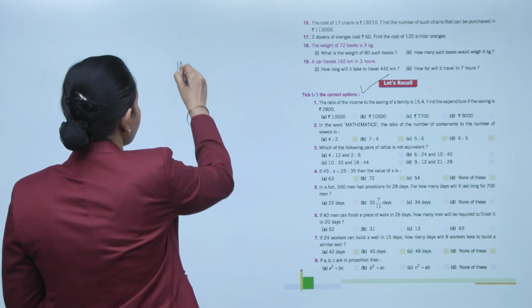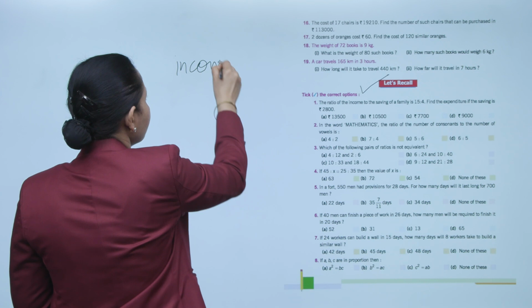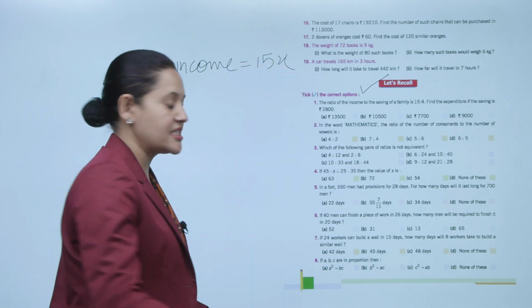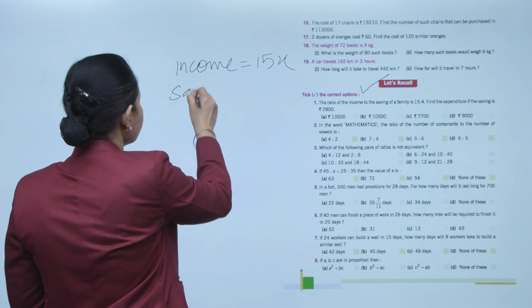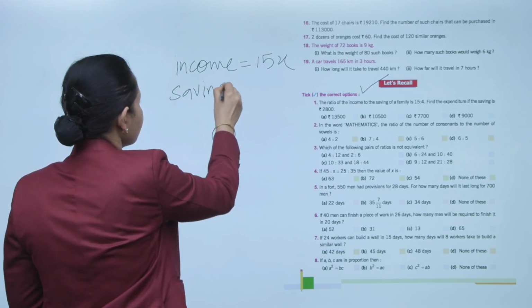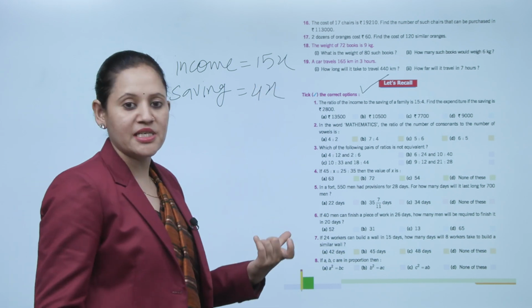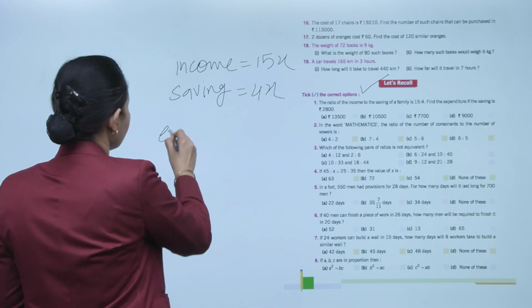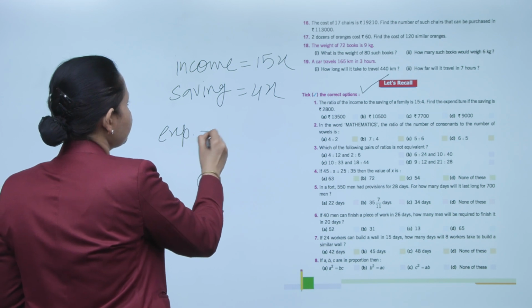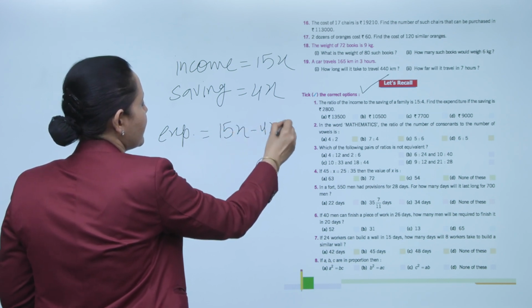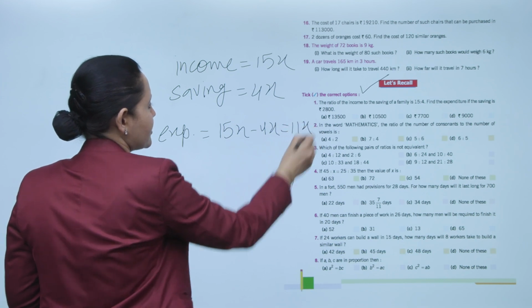Suppose income is 15x and saving is 4x. That means, how much is the expenditure? Expenditure is 15x minus 4x, that is equal to 11x.